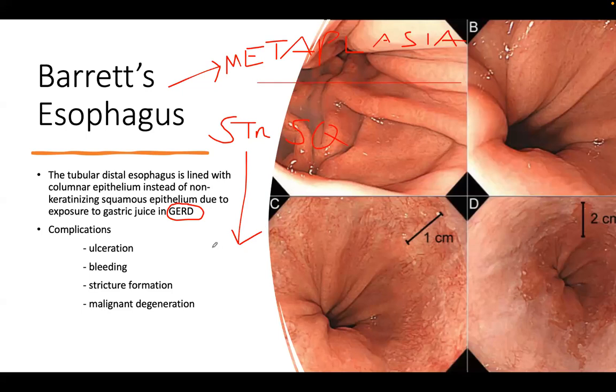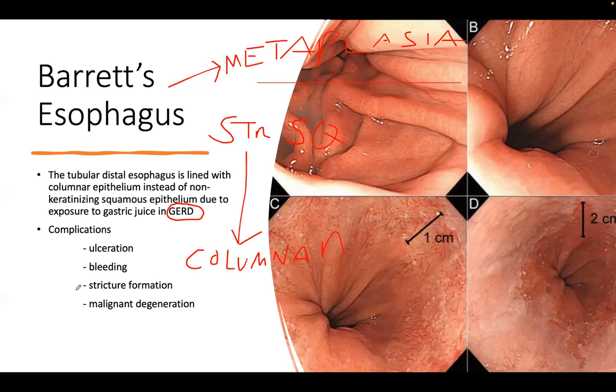The stratified squamous now becomes columnar. Nagpalitan na. And this is the intestinal metaplasia. The hallmark of which in pathology is the presence of the goblet cells. Okay, the presence of the goblet cells is indicative, or the hallmark rather, of Barrett's esophagus. Okay, so please take note of that. Barrett's esophagus.